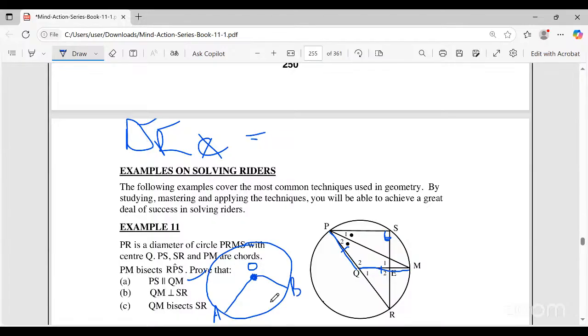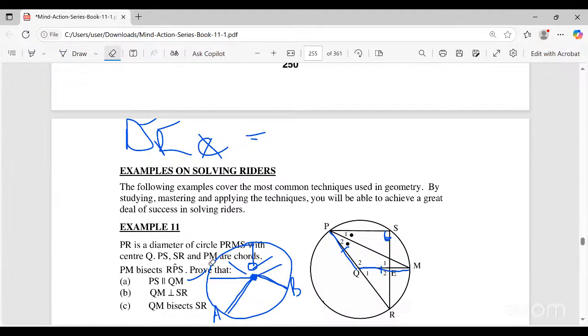And the radius is equal everywhere, whether it's here or here or here. Therefore, this line will be equal to this line. That's what we are saying in the diagram. So because PQ is the line from the center Q to the circumference P, it will be equal to the line from Q to M. That's radii.